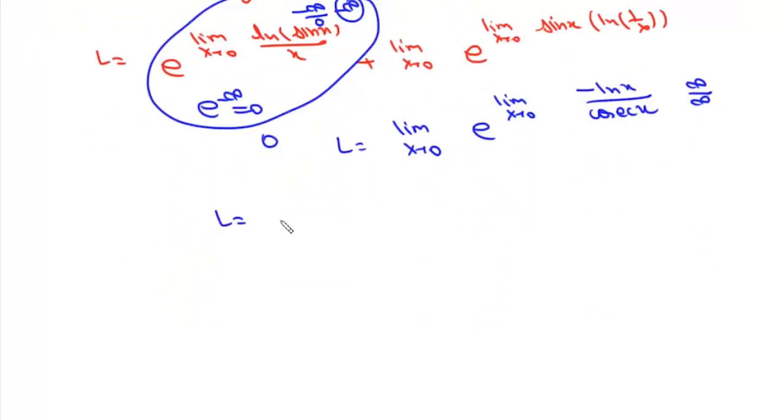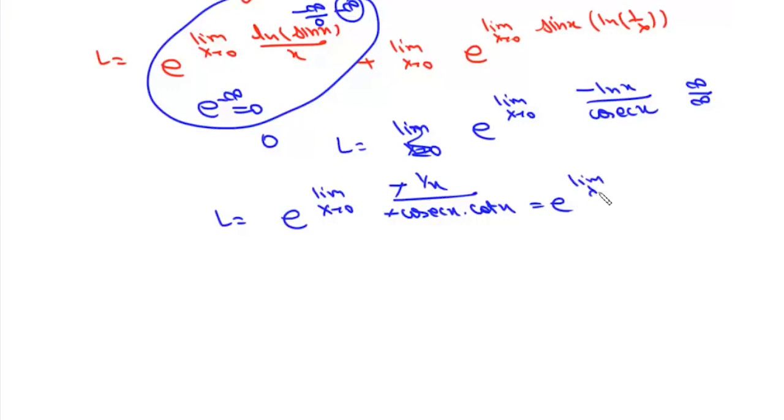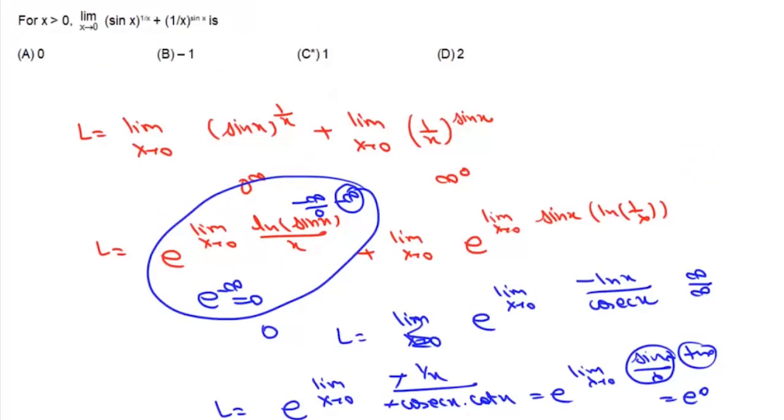Now we use L'Hopital's rule, so it will be e to the power limit x tends to 0 of minus 1 by x upon minus cosec x into cot x. Minus and minus will cancel, so it will be e to the power limit x tends to 0 of sin x into tan x upon x. Sin x upon x is 1 and tan x is 0. So it will be e to the power 0. That means the value of this limit is simply 1, and that's your option C.